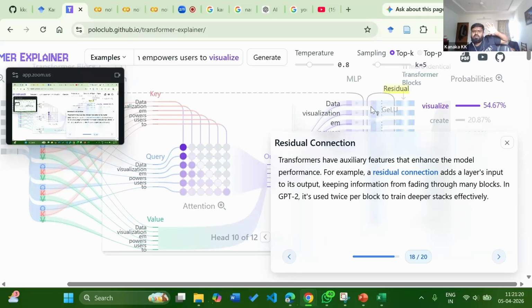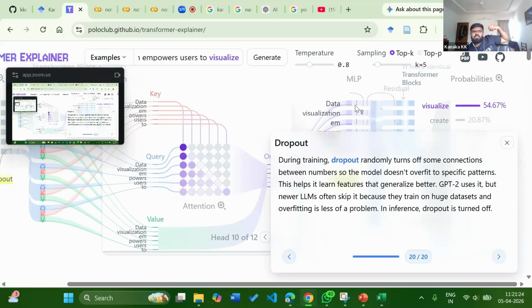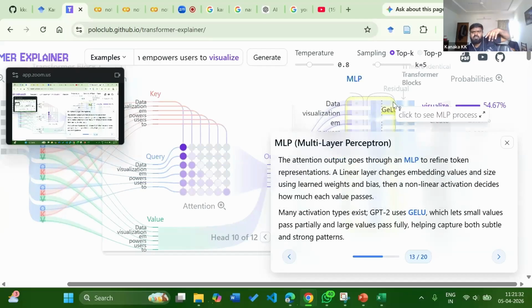Then we did dropout, which means we deliberately removed some neurons, some perceptrons. After that we introduced the activation function, and finally, just before calculation of the probability, we add the input again.